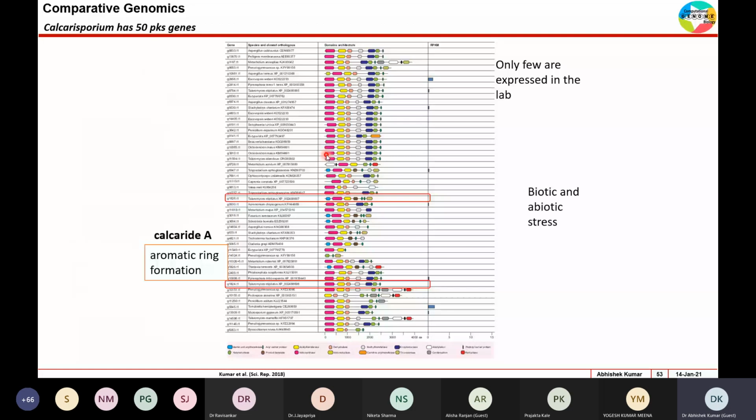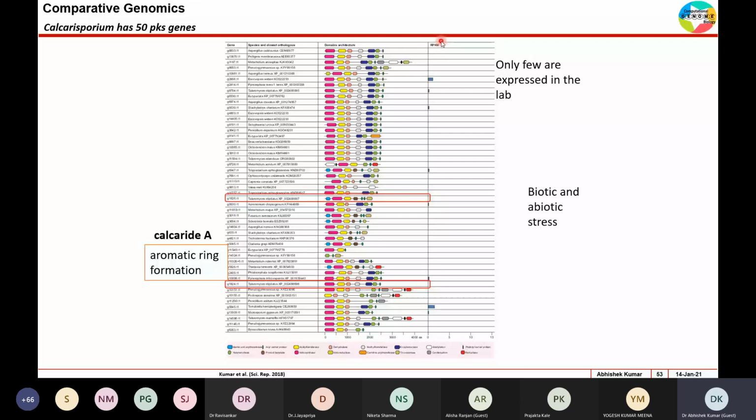Drug-like compound-producing clusters will be many in the fungi, but this is RNA-seq expression. In laboratory conditions, they are not required because these are secondary metabolites. In a normal condition, in happy hours, fungi don't need them.